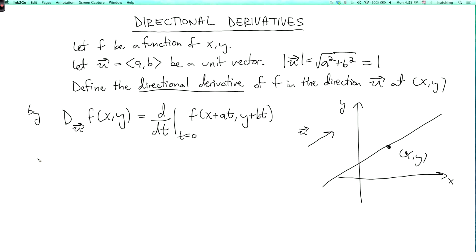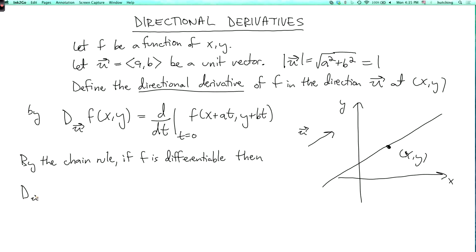Now, by the chain rule, if f is differentiable, so of course this definition assumes that this derivative is defined. Now by the chain rule, if f is differentiable, then it will be defined. And furthermore, what do we get?